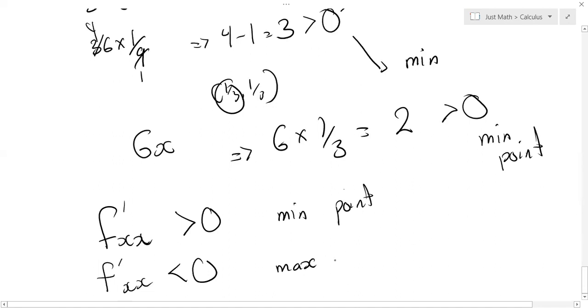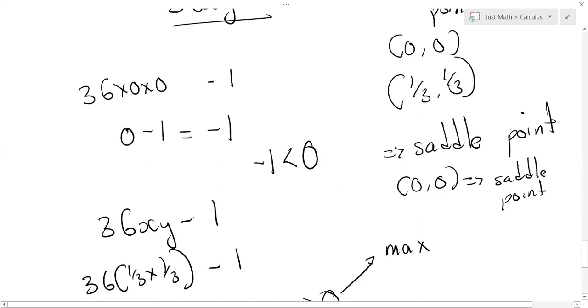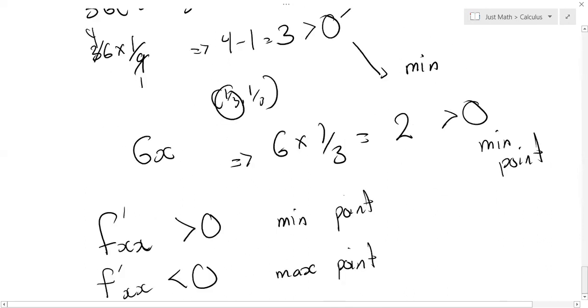This applies as long as the determinant of the matrix is greater than 0. If it's not, it's automatically a saddle point. But once your determinant is greater than 0, then you can test these two. Since we got 2, its value is greater than 0, so we have a minimum point.